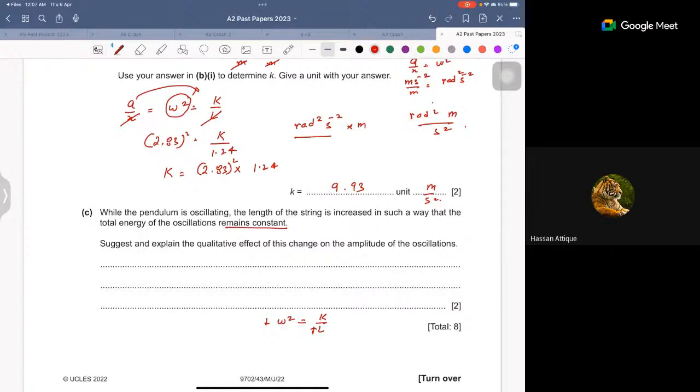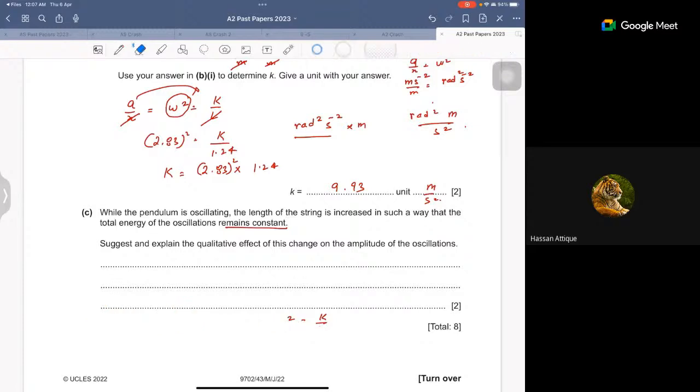So not like that. There has to be something else here. So the total energy formula is half m omega squared x naught squared. If this is constant, which basically means, and you decrease this, so you want to keep this constant, then you have to increase the amplitude here. That's how it's going to be.